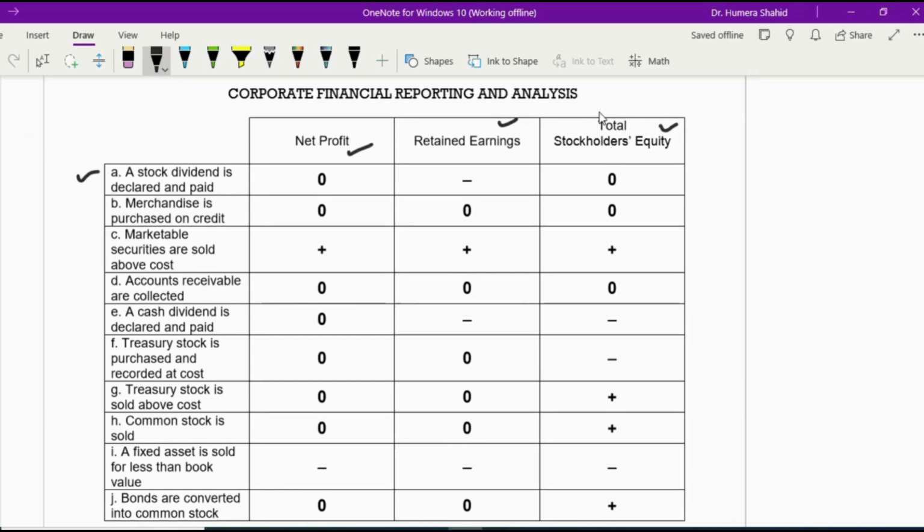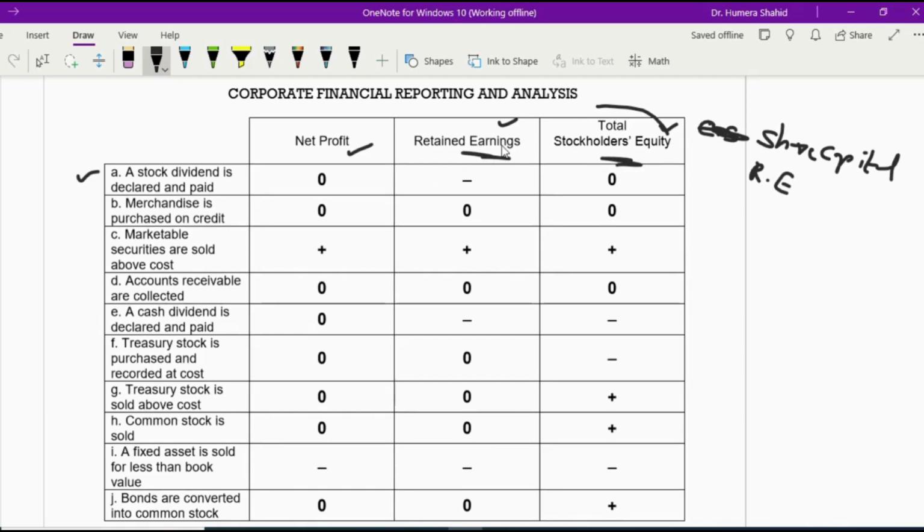Total stockholders' equity includes both common stock, better to write share capital, and reinvested capital, or retained earnings. This one is also part of it.